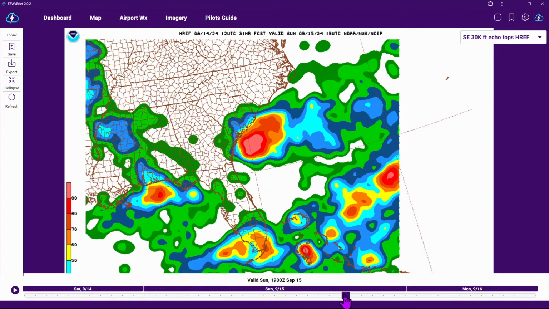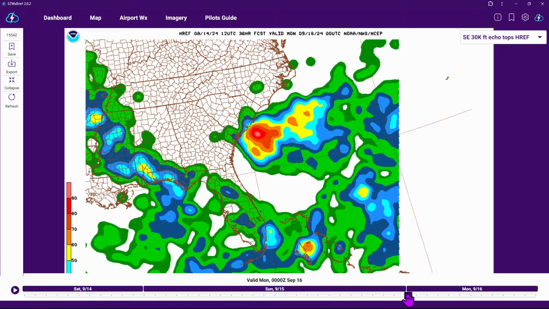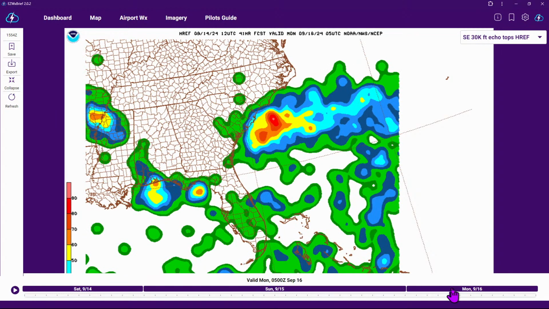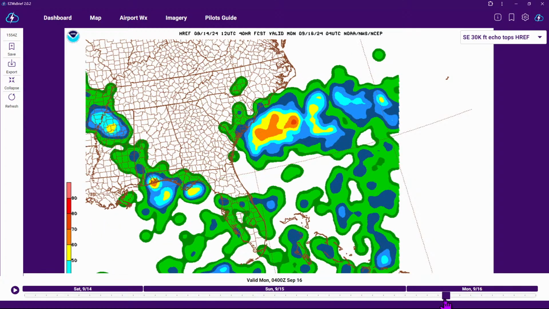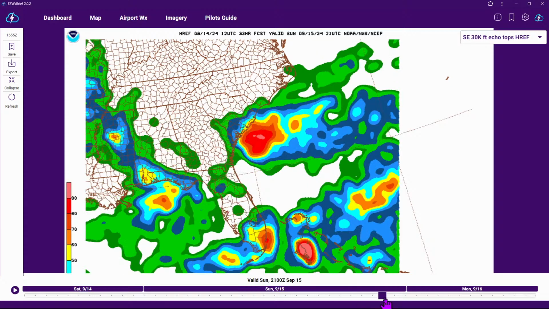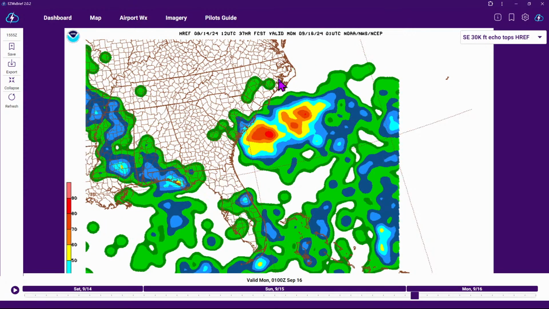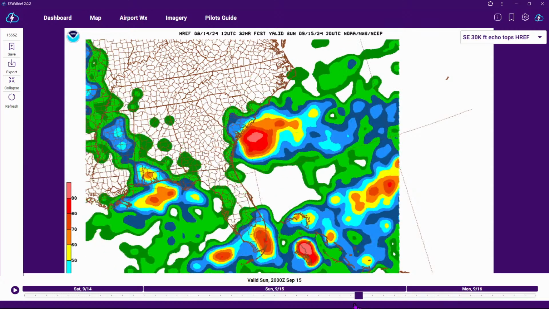Again, that doesn't mean you won't have some buildups here and there, but for the most part, all this is going to stay below 30,000 feet pretty reliably in this particular case. I'll show you when we get to the SKUTs how you can really tell and feel confident that is the case. But there may be a few cells here and there that show up, especially in the latter part of the day on Sunday.